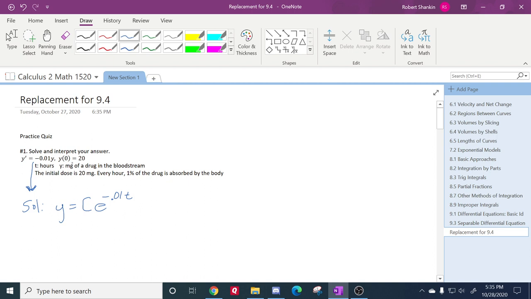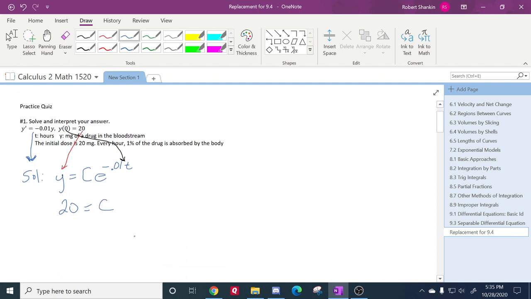And then we can look at this, y of 0 is equal to 20, plug in 20 here, plug in the 0 for the t, and then that'll tell us that 20, e to the 0 is 1, 20 is c.